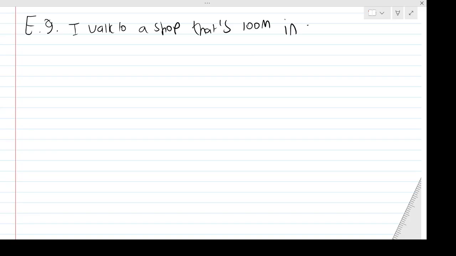Okay, so I want to imagine the scenario, just to set the scene. Let's say I walk to a shop that's 100 meters away, and it takes, let's say, 30 seconds. Very, very close shop nearby.